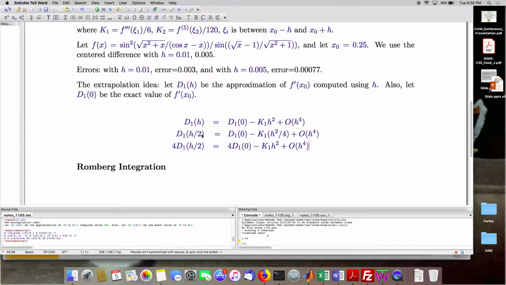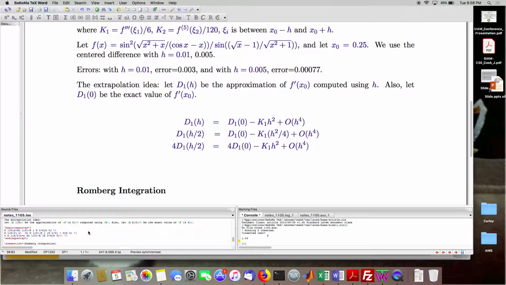So now what I can do is take this equation and this equation and do what with them? Yeah, because if I subtract them, what will that do? Yeah, it cancels out the leading term of the error. So, actually, something went wrong here.